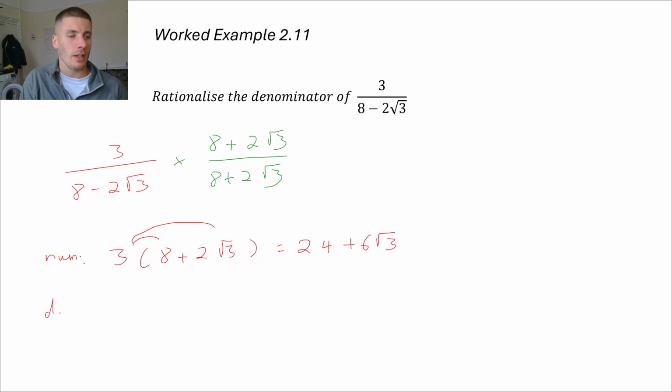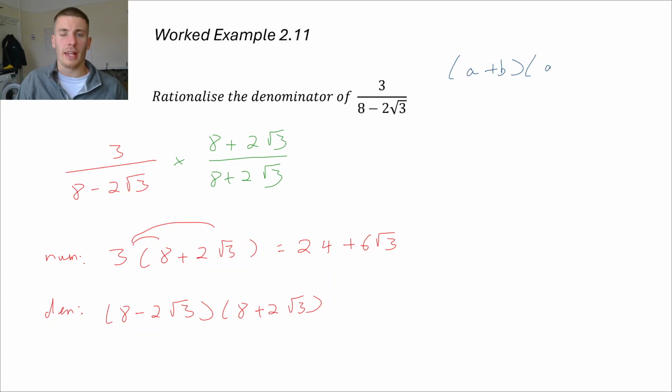Good. We've then got the denominator part, which is 8 take away 2 root 3 times 8 plus 2 root 3. Now, if you wanted to, you could expand out the double brackets, but the whole point of timesing by the 8 plus 2 root 3 is you get this, which is the difference of two squares form. Let's write it over here: a plus b, bracket a take away b.